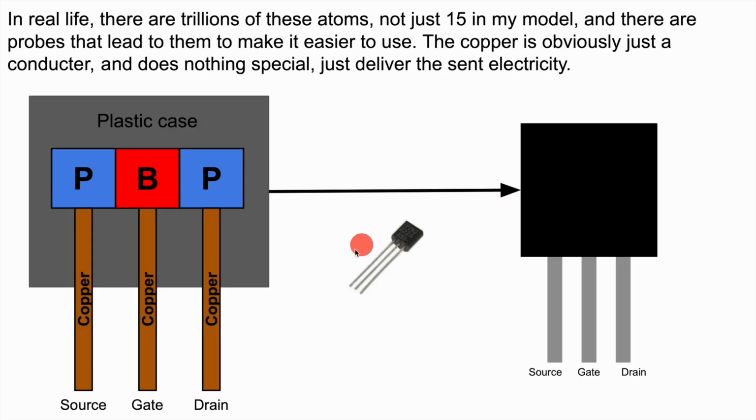Now, this is what a transistor looks like in real life. And this is a model I made for it, for simplicity. This is source, gate, and drain. Same thing here. We need conductors here, just simple ones, so that we can encase everything inside a plastic case, and so that we can have the same setup over here.